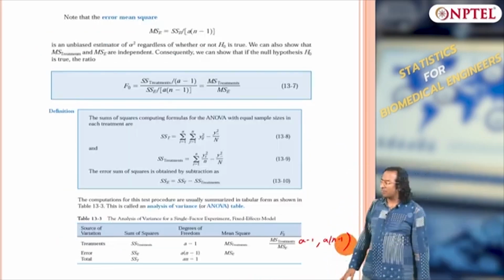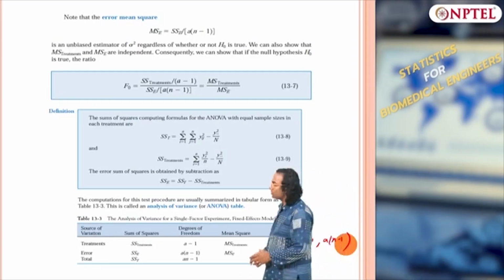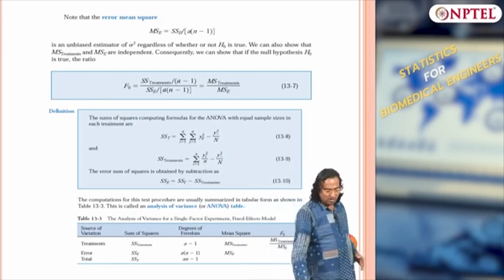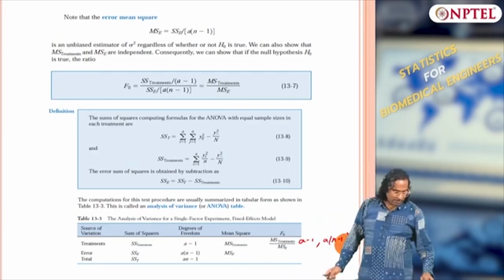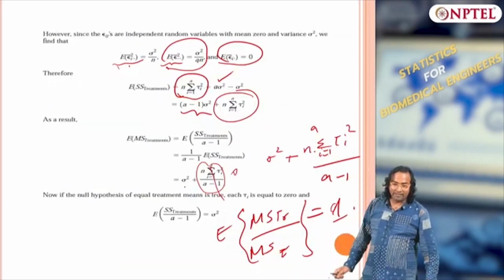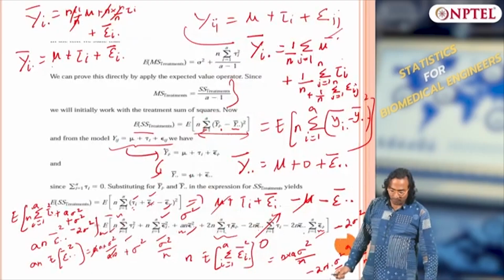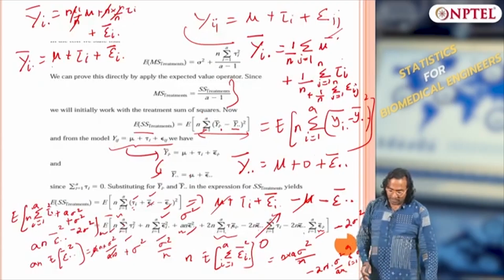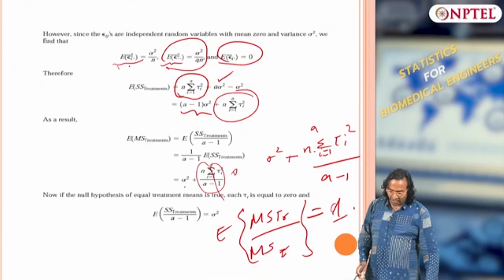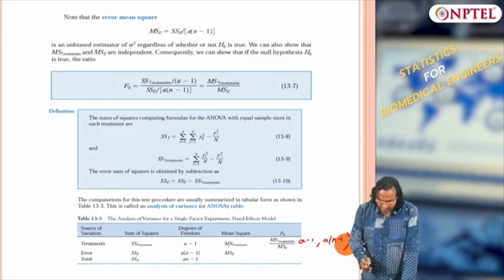So there are some straightforward ways of calculating sum square treatment, sum square error and the mean, because if you want to do it the other way you have to go through the derivations again. Sum square treatment calculation is n times summation i equals 1 to A, but there are easier ways to do it.